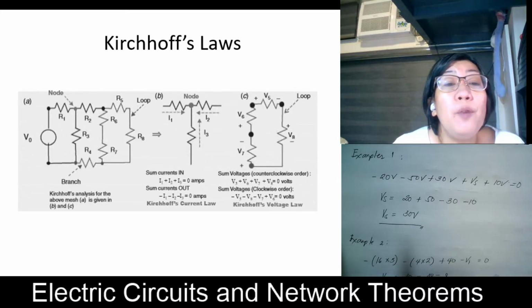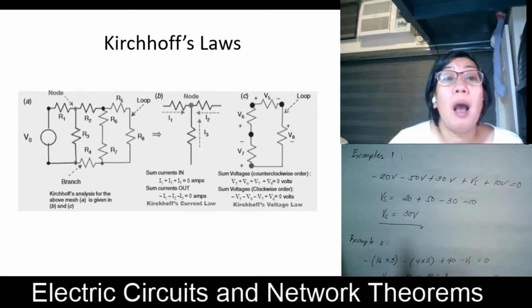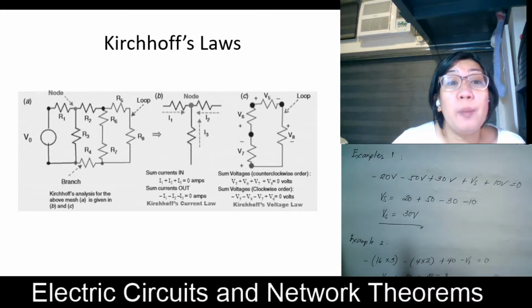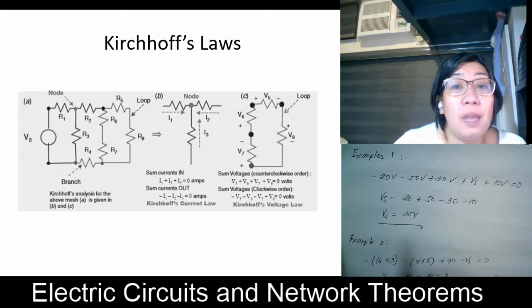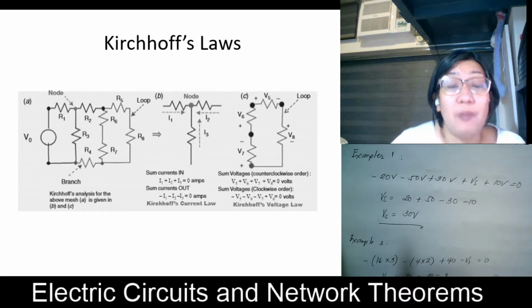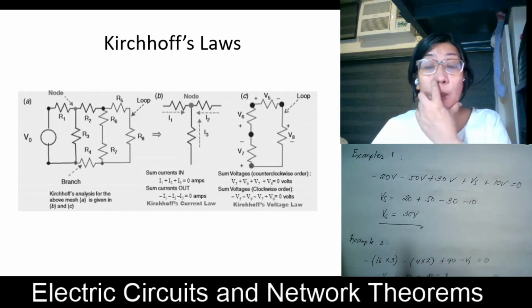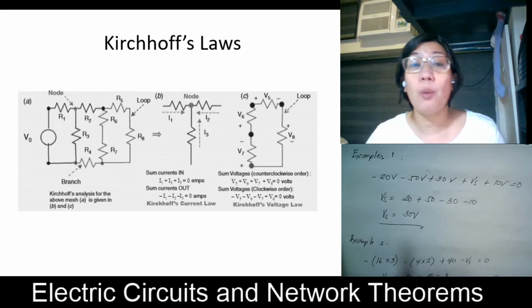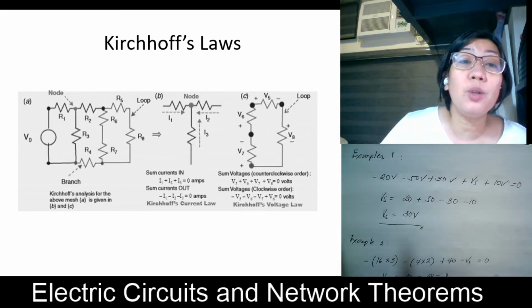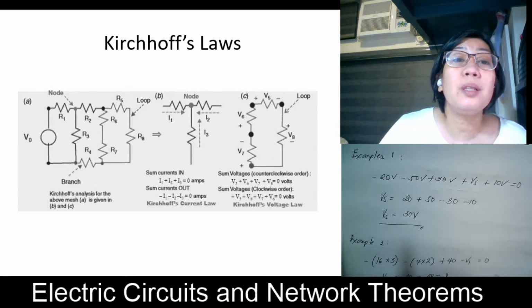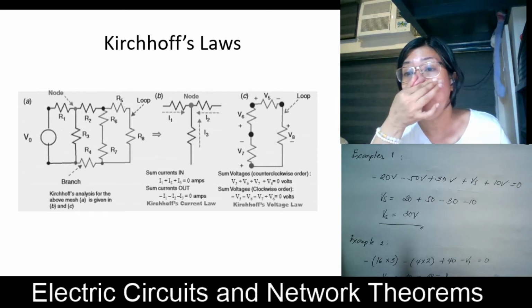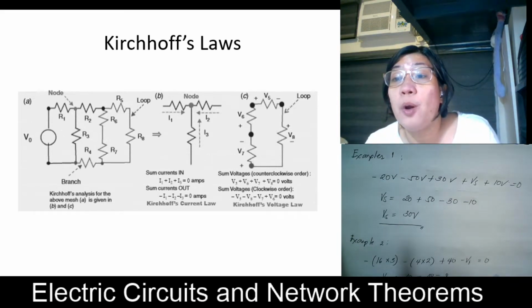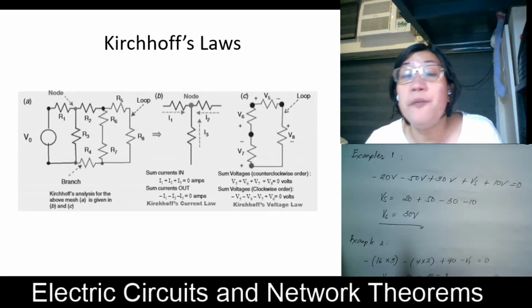Okay, so some voltages counterclockwise. We have here if this is plus or minus. If we enter the loop, for example, you have positive, or if you leave the loop, you have negative. So it's either you're going to address that in a counterclockwise manner. If this is your counterclockwise manner, you will start from V5.